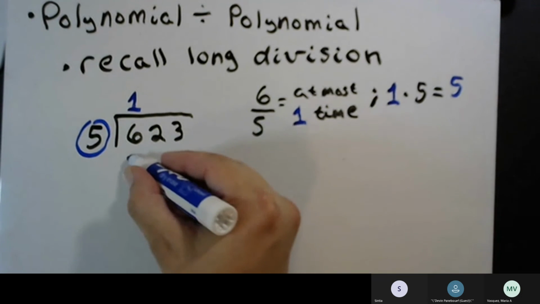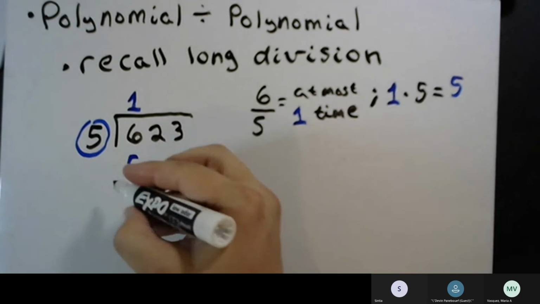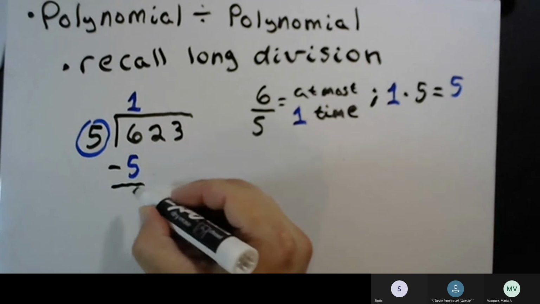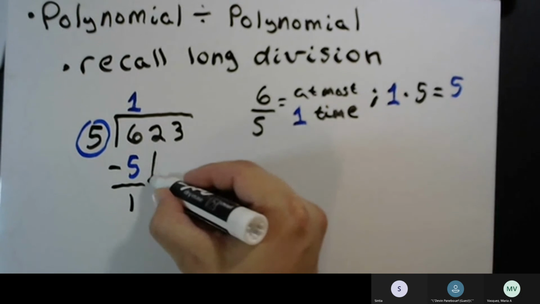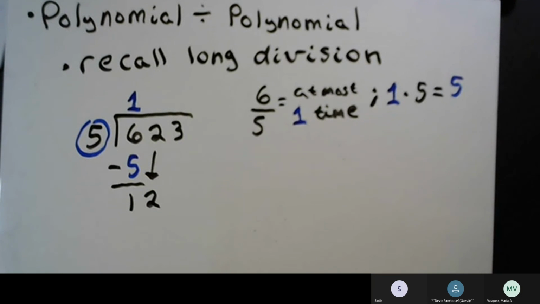So that blue 5 goes here. We subtract, we get 1, we bring down the 2, and that's our first round of long division.